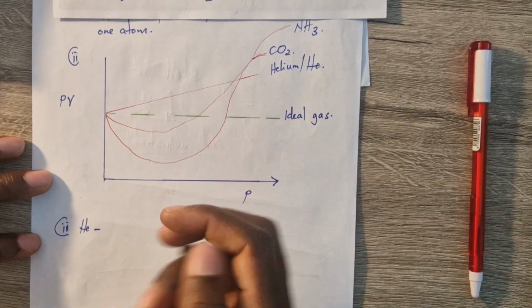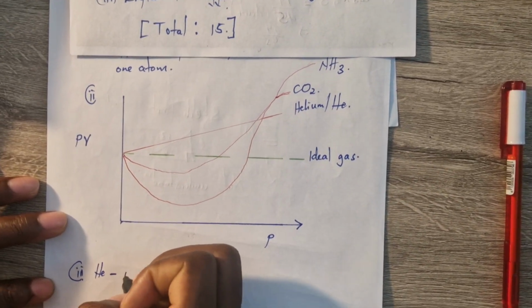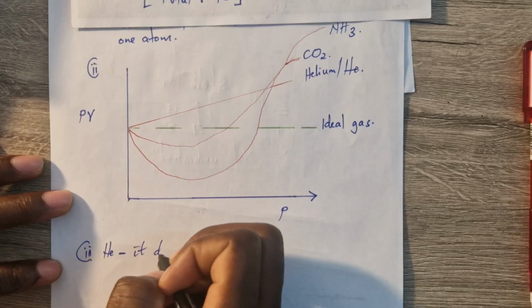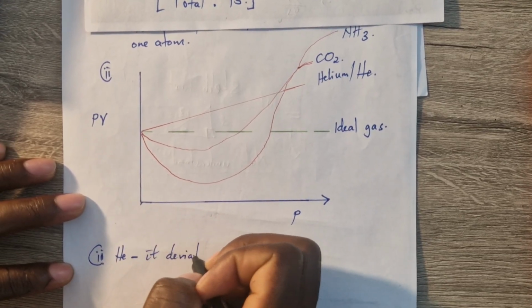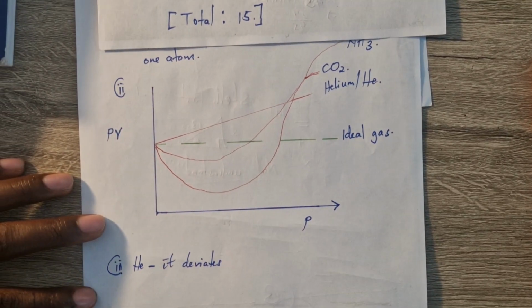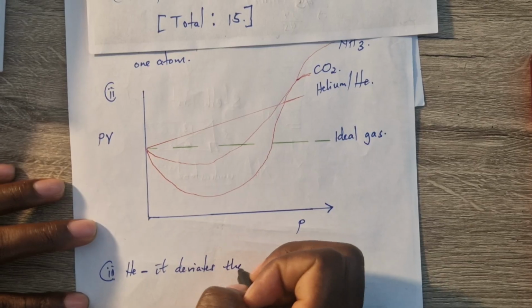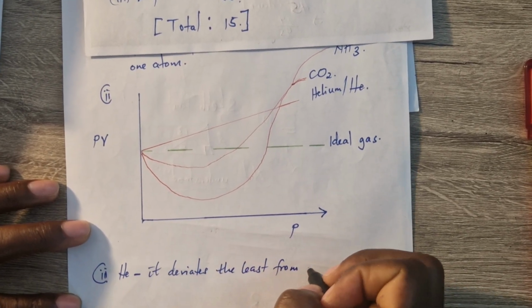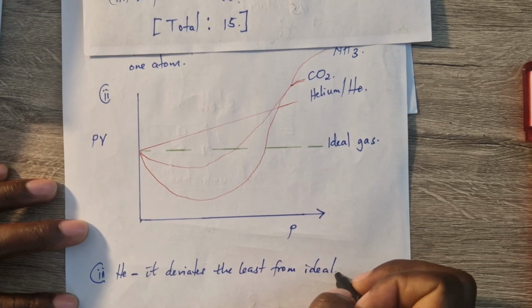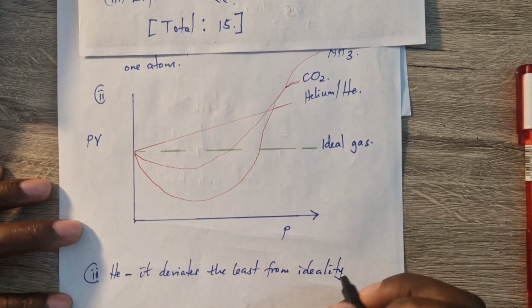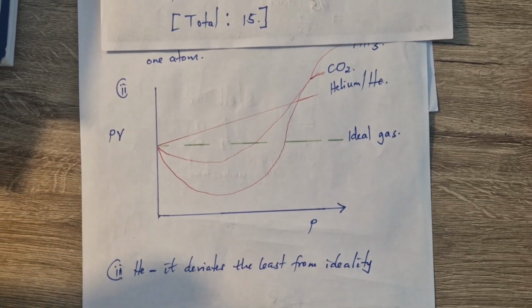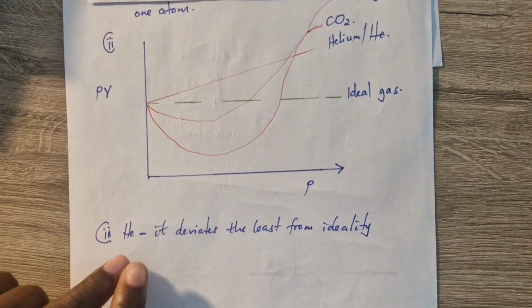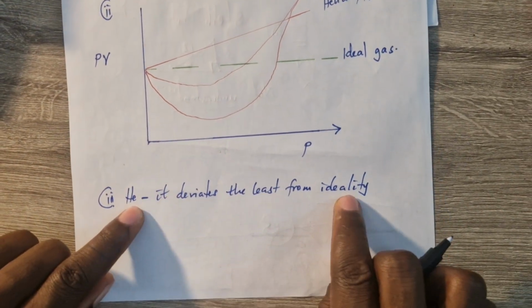The graph is saying it deviates the least from ideality or from ideal behavior. That's how the graph is showing. So the graph is just showing this information.